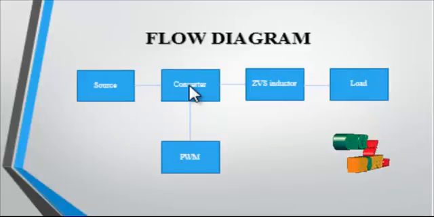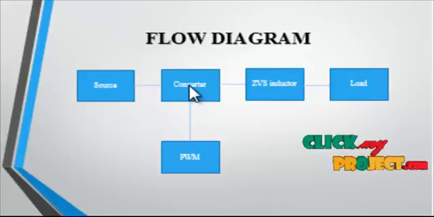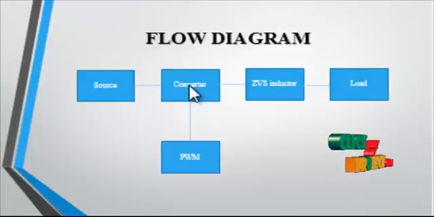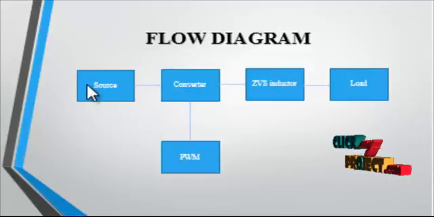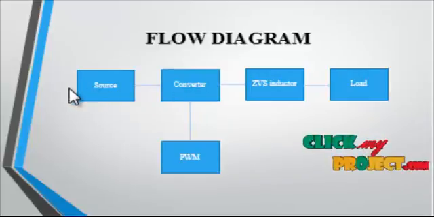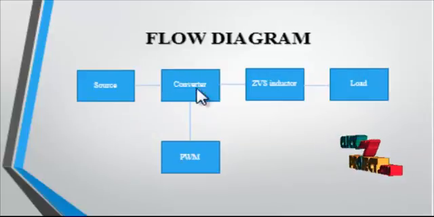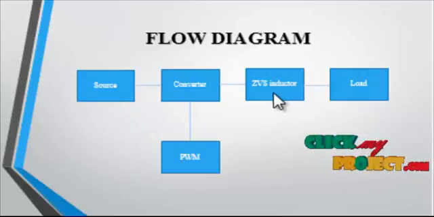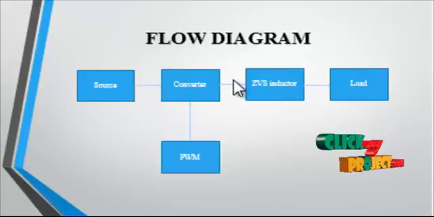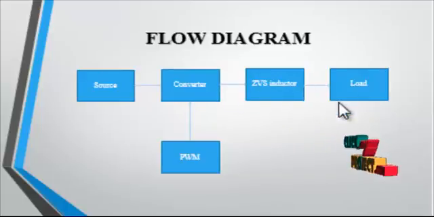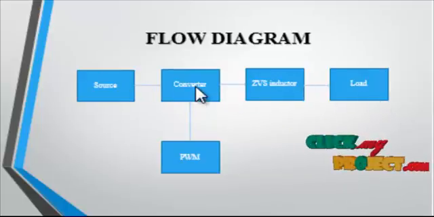We are using a buck converter. A buck converter reduces the input voltage to the output voltage. So for example, we give the input voltage 68 volts and the buck converter gives the output voltage of 8 volts to 12 volts. So this is the buck converter process.